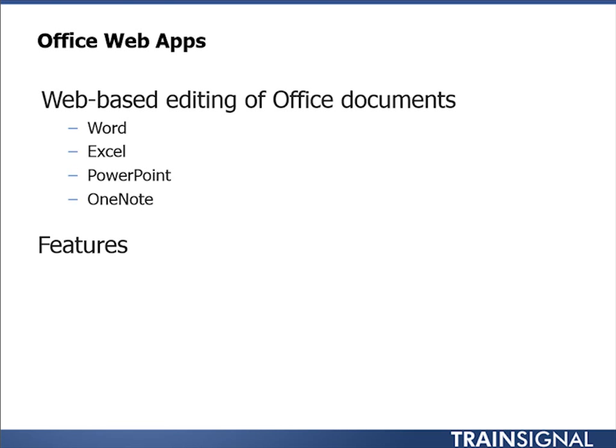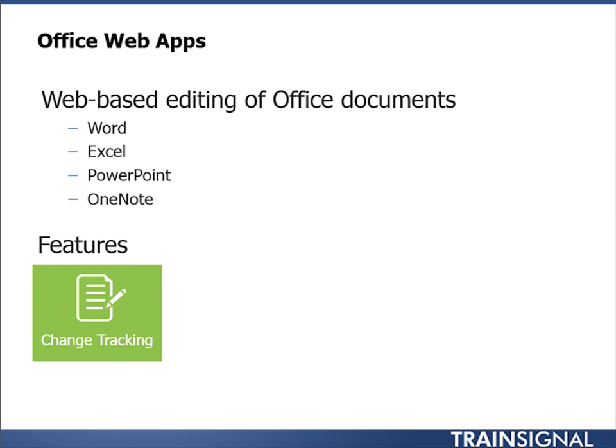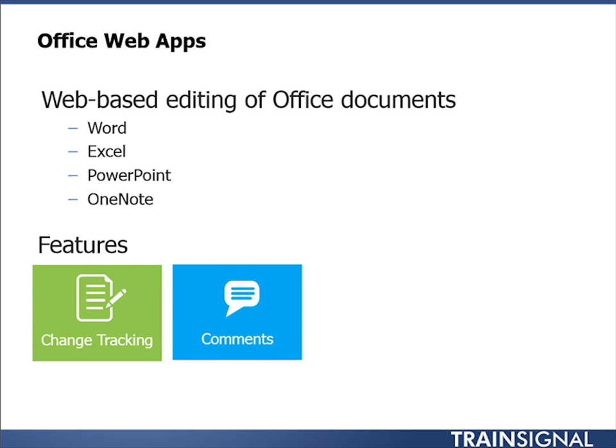Some of the cool features that come along with Office Web Apps include the ability to do change tracking. This is actually new to 2013. So I can enable change tracking through the browser, and be able to see that in my local Office document or through the browser as well. We have the ability to add in comments.